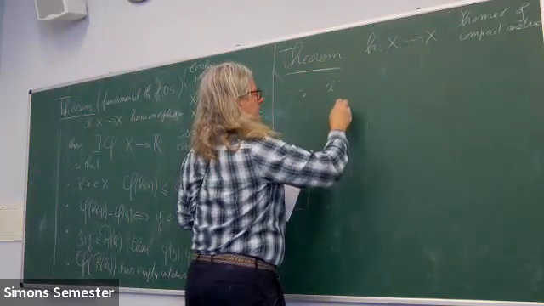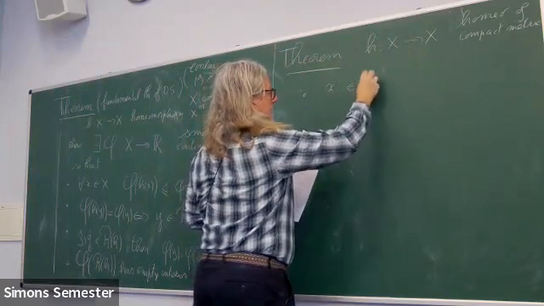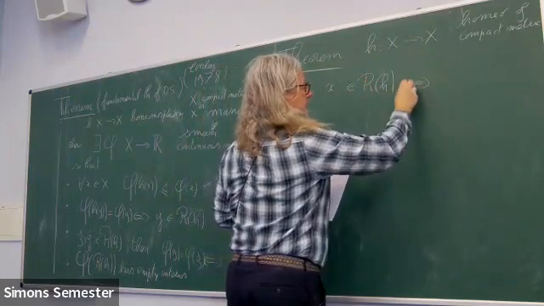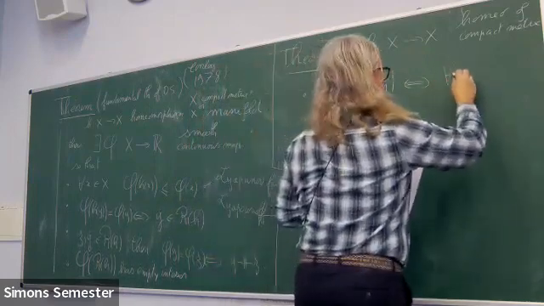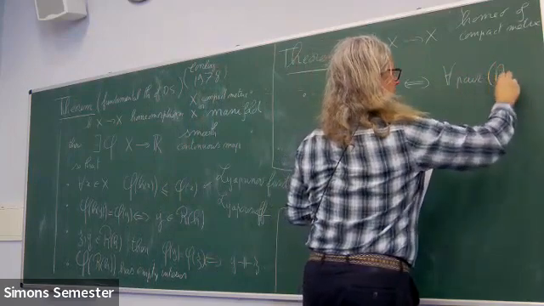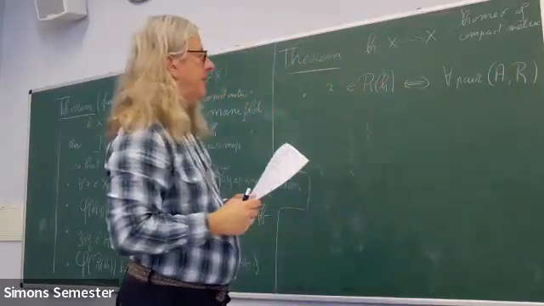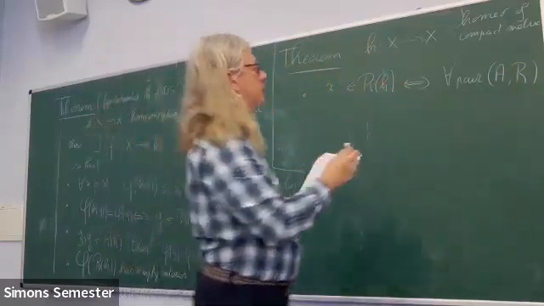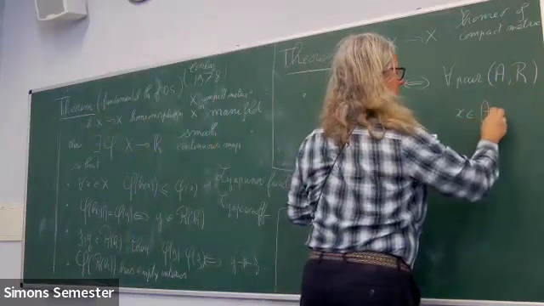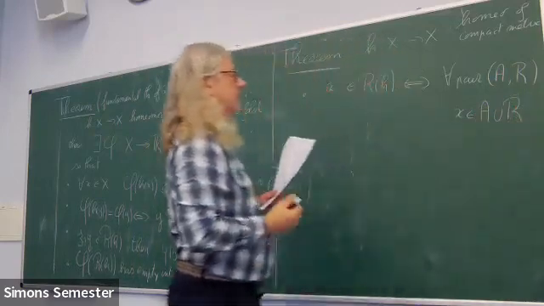Then a point is chain recurrent if and only if the following holds. For any attractor-repeller pair A, R, your point belongs either to the attractor or to the repeller.